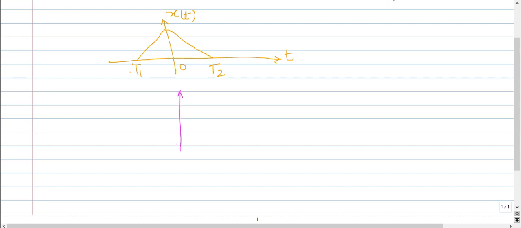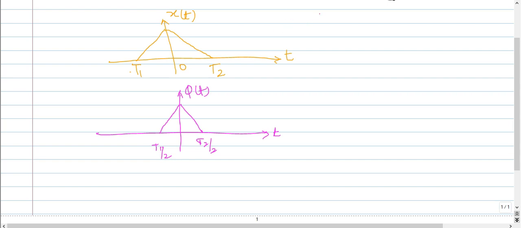Now let us consider another signal which is known as phi of t, and this is from minus t1 by 2 to t1 by 2 to t2 by 2. Now this signal phi of t is the compressed version of this signal.